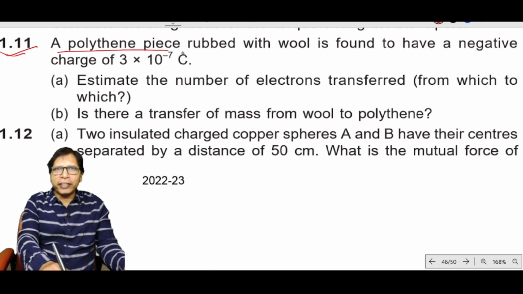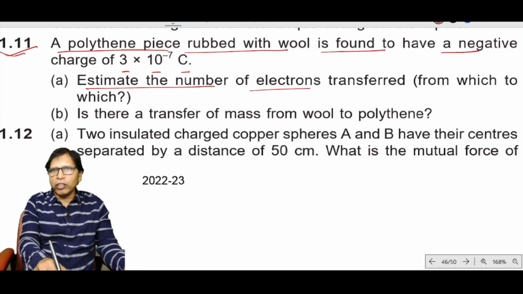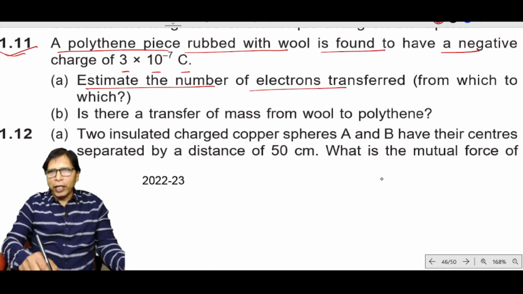Now look at this NCERT numerical 1.11. A polythene piece wrapped with wool is found to have a negative charge of 3 × 10^-7 coulomb. Estimate the number of electrons transferred. We know the number of electrons transferred n equals q divided by the charge of an electron.